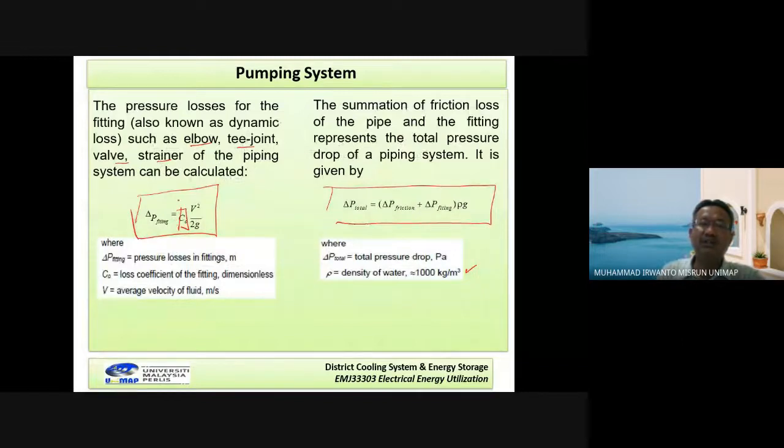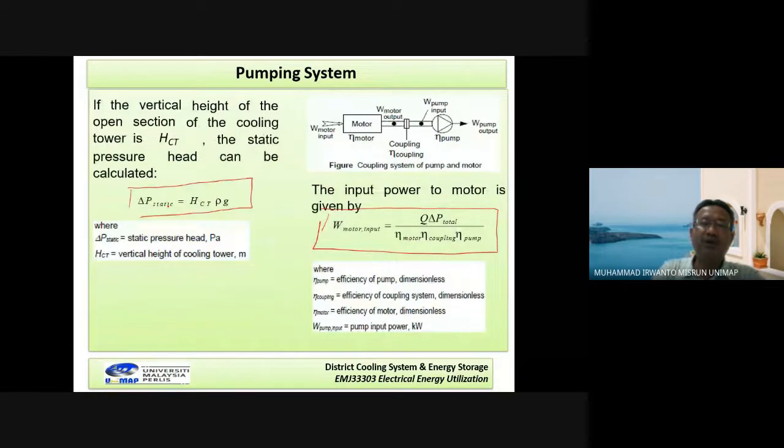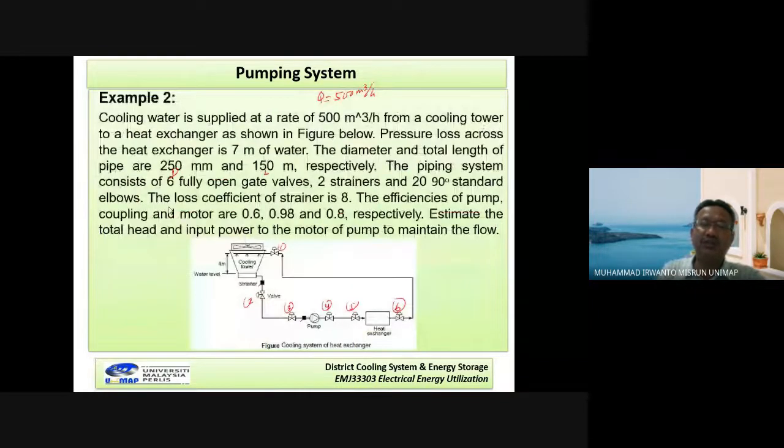Because it is a general formula for each fitting: elbow, T-junction, valve as well. Because the number of valves is 6, it should be multiplied by 6. And then 2 strainers, so it should be multiplied by 2 also.